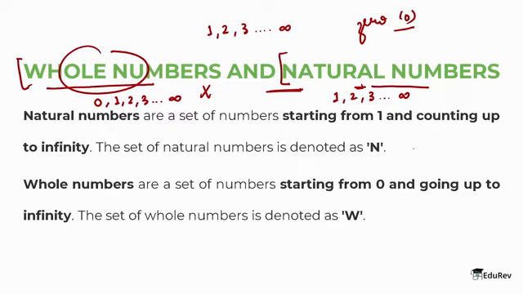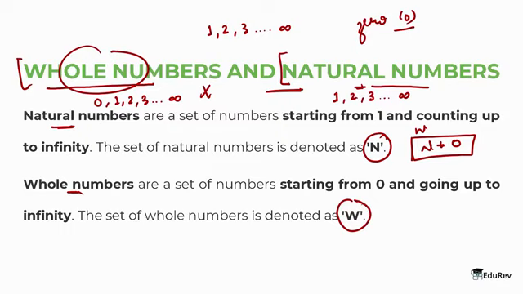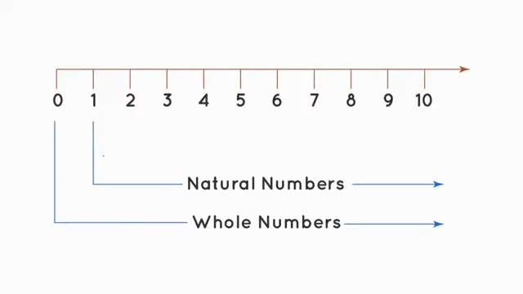So we can say that natural numbers plus 0 form your whole numbers. Correct? Natural numbers are denoted by capital N and whole numbers are denoted by capital W. I hope this is clear. Next, see this diagram.